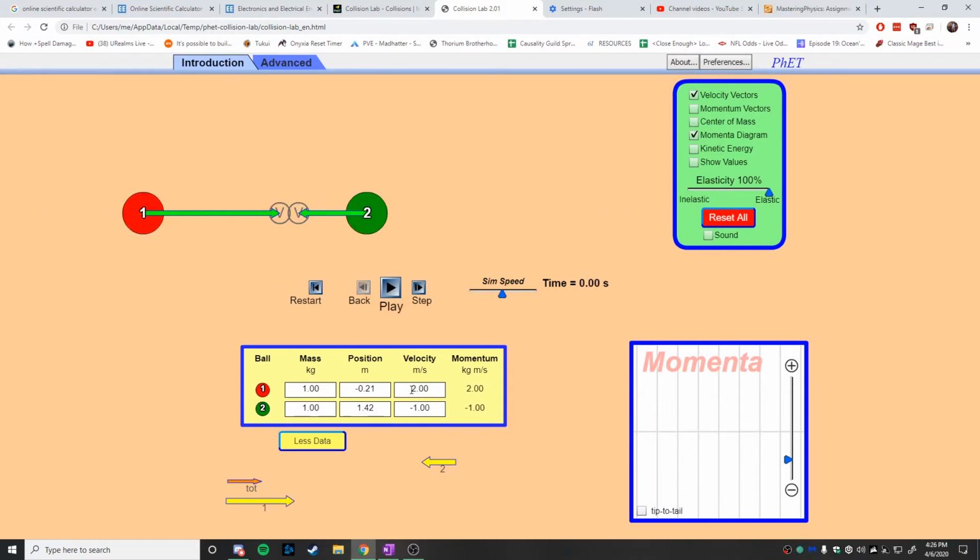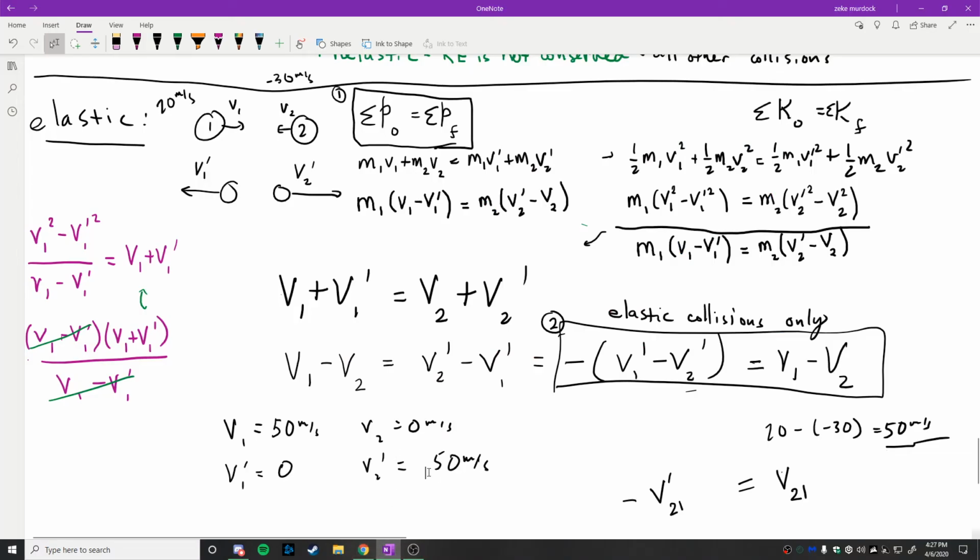Pick any numbers we want. We can make this 5. We can make this one -2. And again, they're going to switch velocities here, basically. You guys see that? The fast one starts going slow, and the slow one starts going fast. Okay. So that's an elastic collision. You get this extra equation you can use right here.